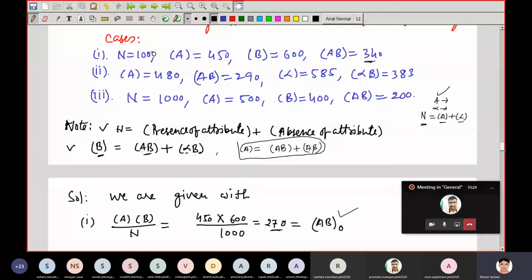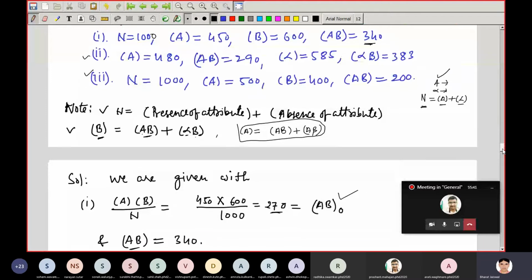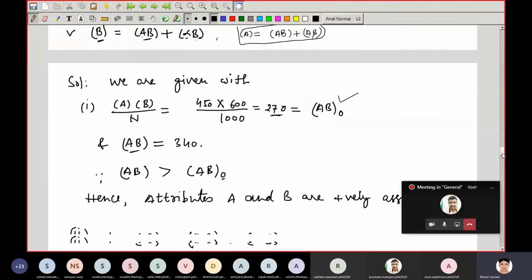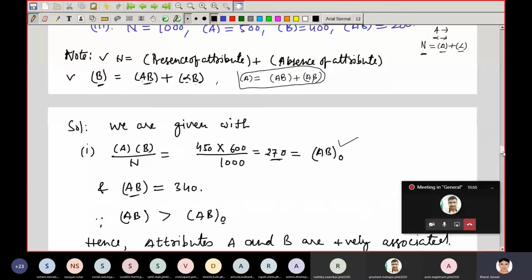Yes, sir. Now you all tell me about the second and the third: whether they are negatively associated, positively associated, or independent. Do this one and tell me. I will show your answer. I have done this question, but first you do this.